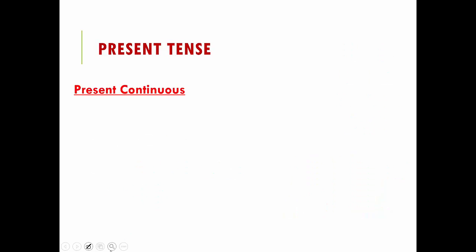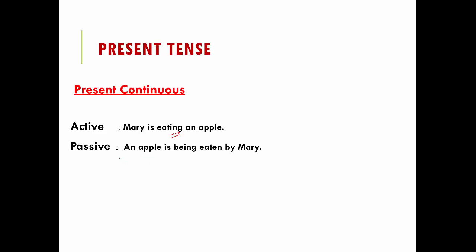We are now moving on to present continuous. When we talk about present continuous tense, it is is, are, or am plus verb plus ing, and that you can see it very clearly here. Mary is eating an apple. This is in active voice, and in passive voice the sentence will read as an apple is being eaten by Mary.